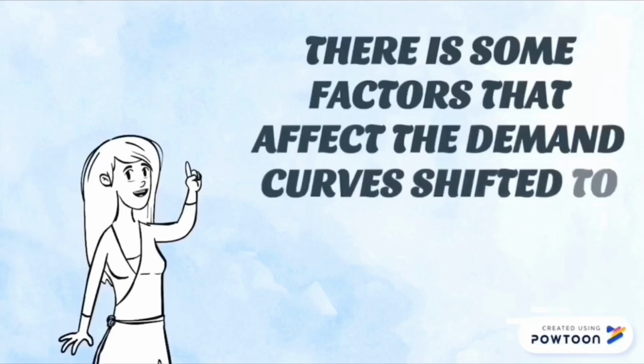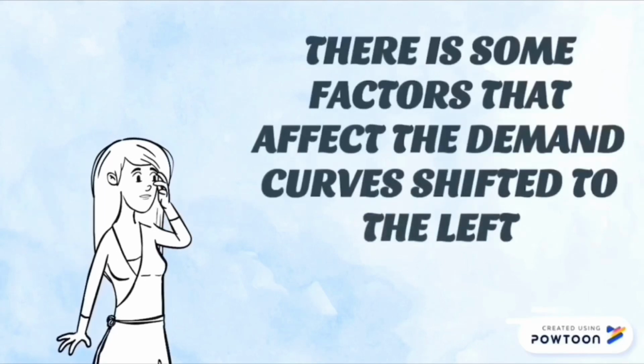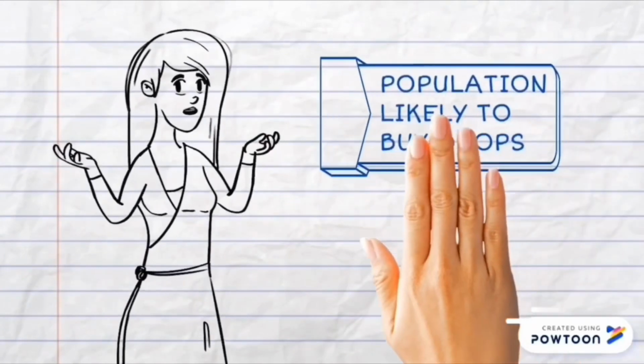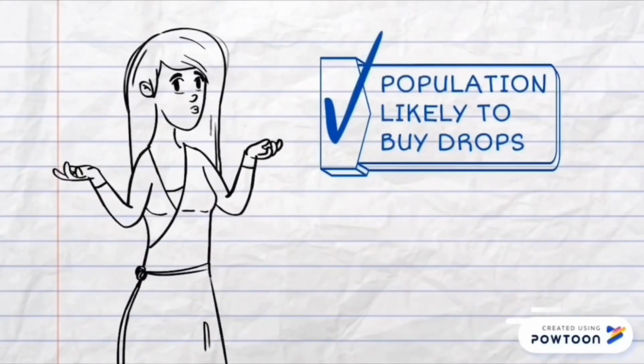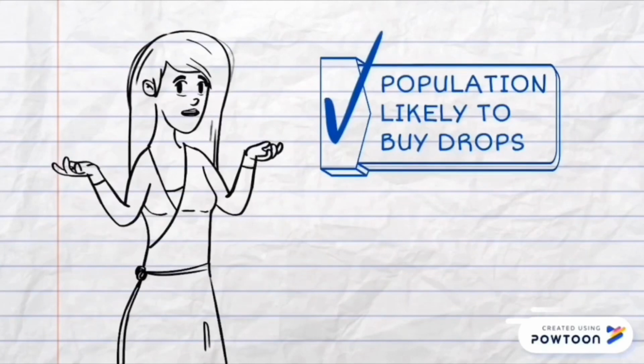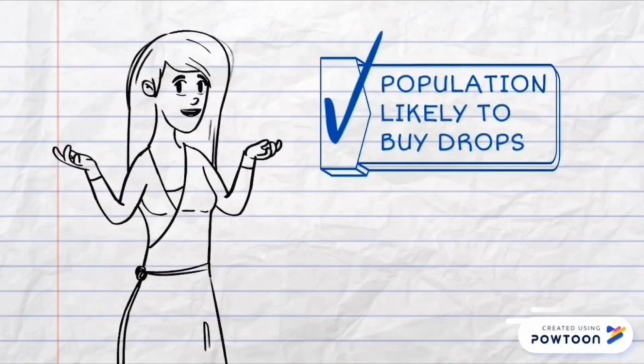There are some factors that make the demand curve shift to the left. First, the population likely to buy drops. This is because the Raya festival is over and the price increases.